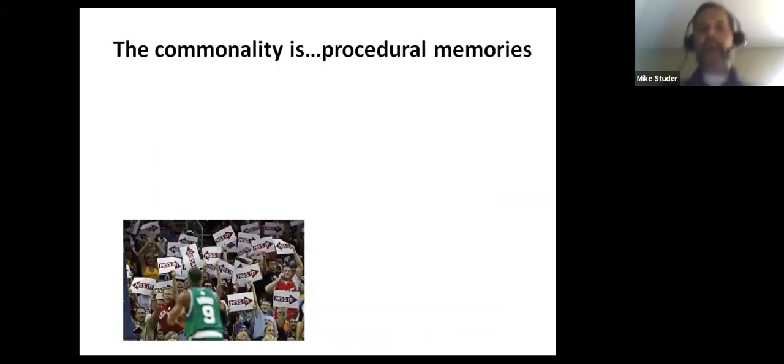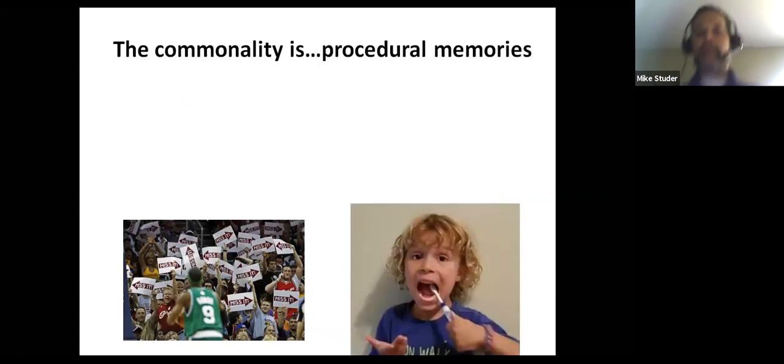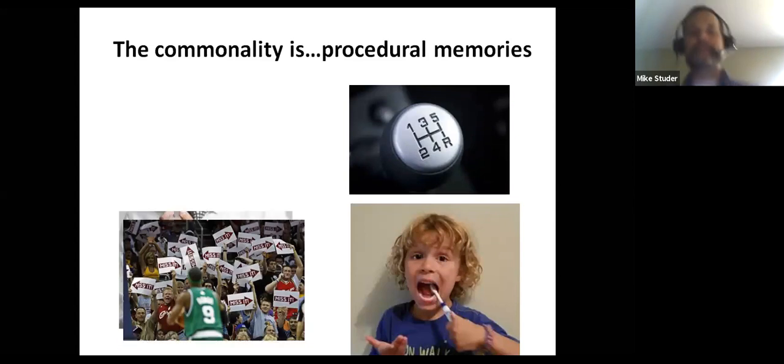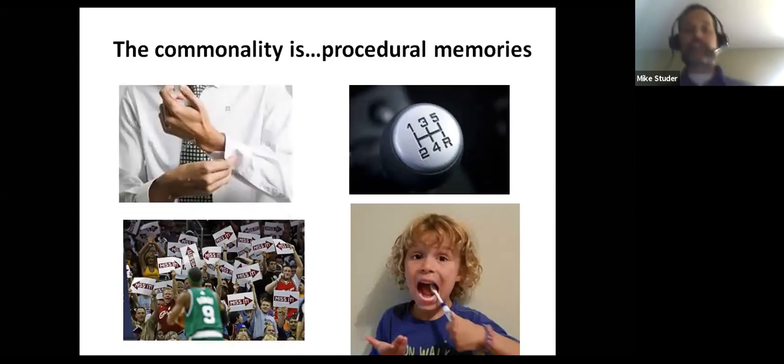So the commonality here that we see is procedural memories are those tasks that can be not only automatized, but also can be trained to become more proficient with the combination of a secondary task. I already showed you the free throw, about brushing your teeth when you're learning and then making that task automatized. How about driving a 5-speed car? And certainly dressing a button-down or button-up shirt.